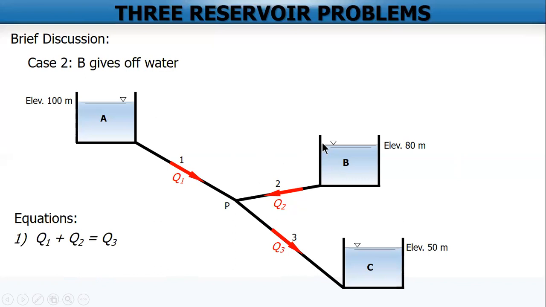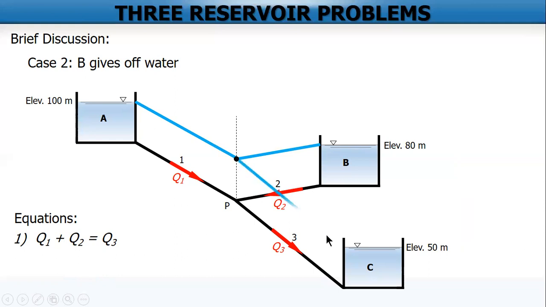So the elevation of the hydraulic grade line at the junction is lower than 80. For pipe 1, from A to B, it also slopes downward from right to left, so the flow is right to left.